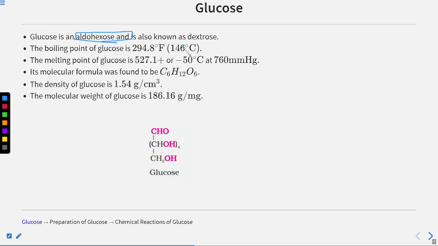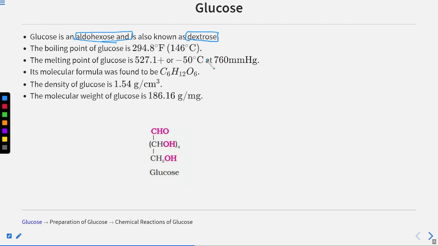Now it is also sometimes termed dextrose. This name comes from optical rotation. You must have studied in the chapter Haloalkanes and Haloarenes what dextrorotatory and levorotatory mean. If not, I will give you a brief overview. If an optically active compound is present and you pass plane polarized light through it, it can bend the light in two directions.